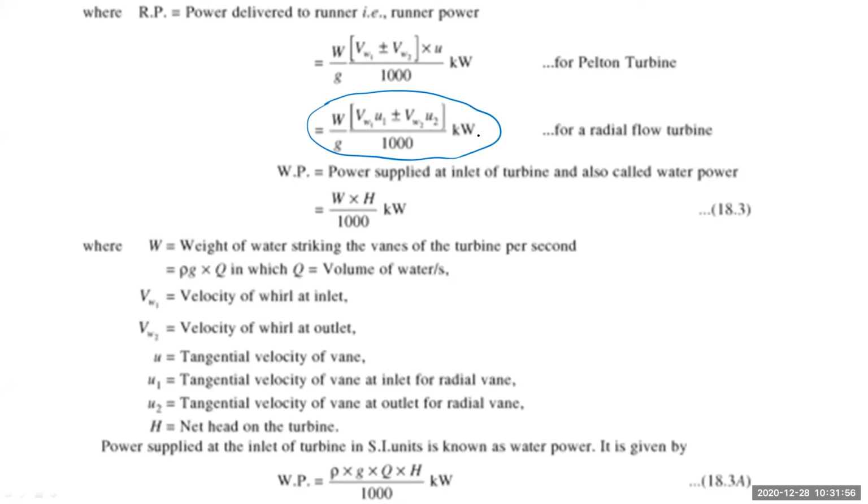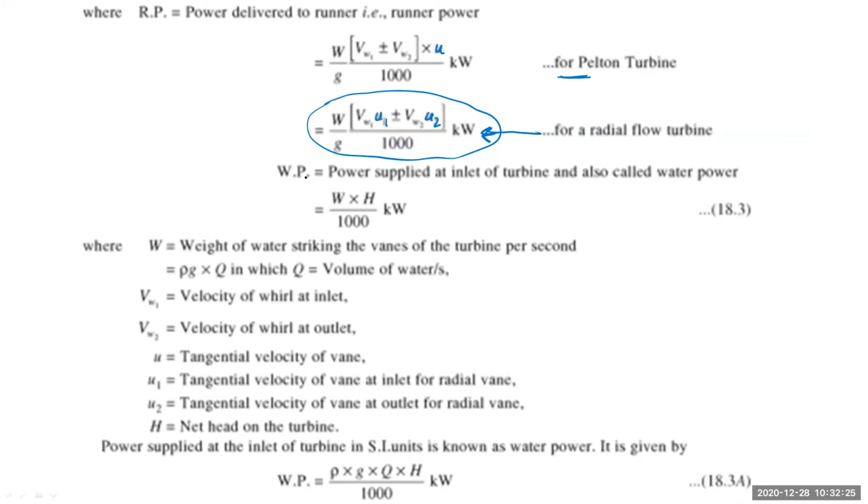This is the power delivered to the runner. We have derived it in your unit number 4. Here we are taking it for radial flow turbines, because U1 and U2 are different, so we write U1 and U2. Whereas in the case of a Pelton turbine, U1 and U2 will be the same, so U we have taken outside as common.